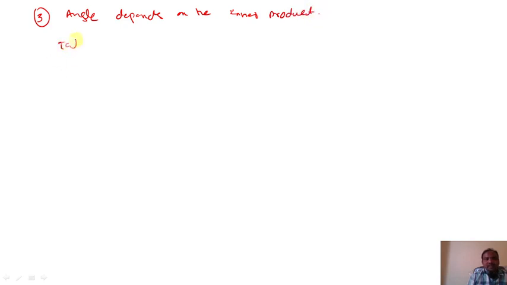Suppose we take a third example. The angle depends on the inner product. Take the same first example, (1, 0) transpose and (1, 1) transpose belonging to R2.